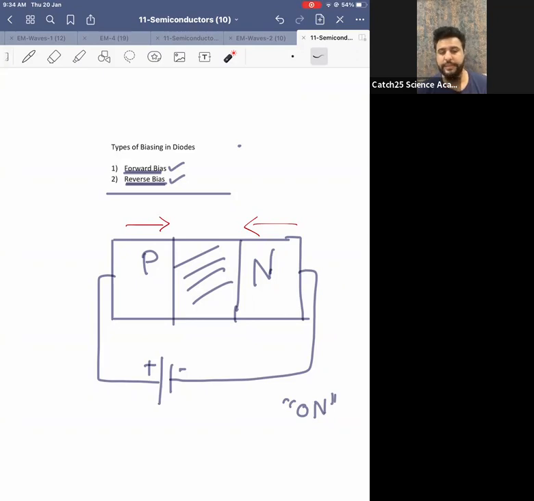In forward bias, holes and electrons move towards the junction and recombination takes place.